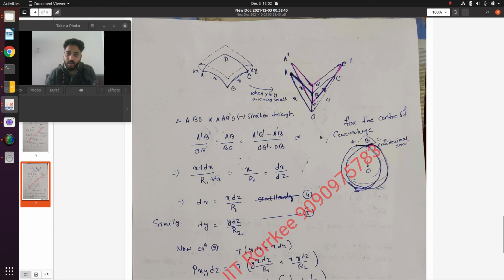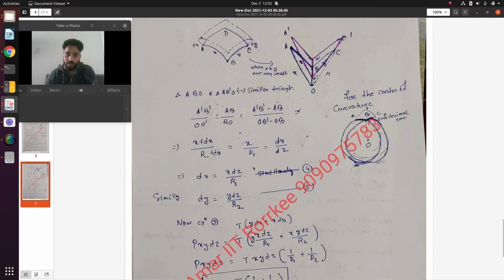So OB prime is r plus dz. AB we know is x, and BO is our radius of curvature r1, which is equal to dx by dz. A prime B prime minus AB: you can see from this image, x plus dx minus x is equal to dx. OB prime minus OB is BB prime, this is dz.